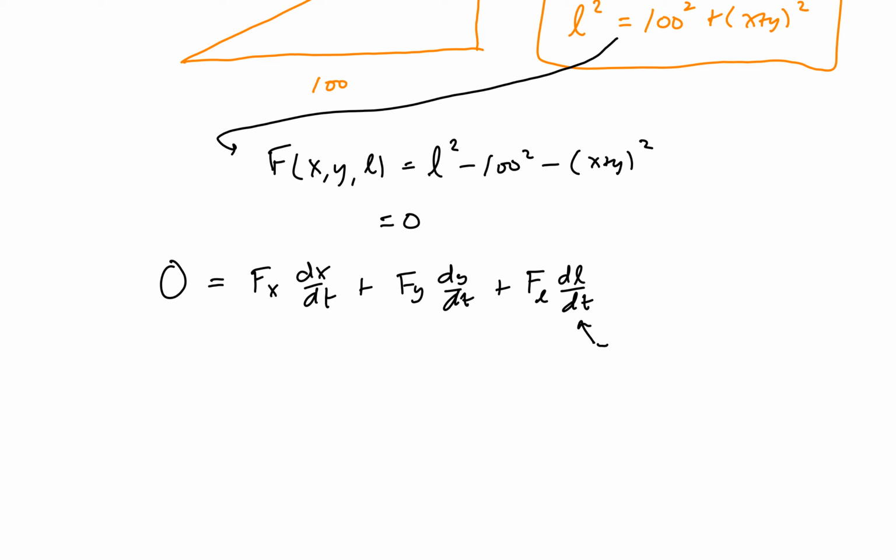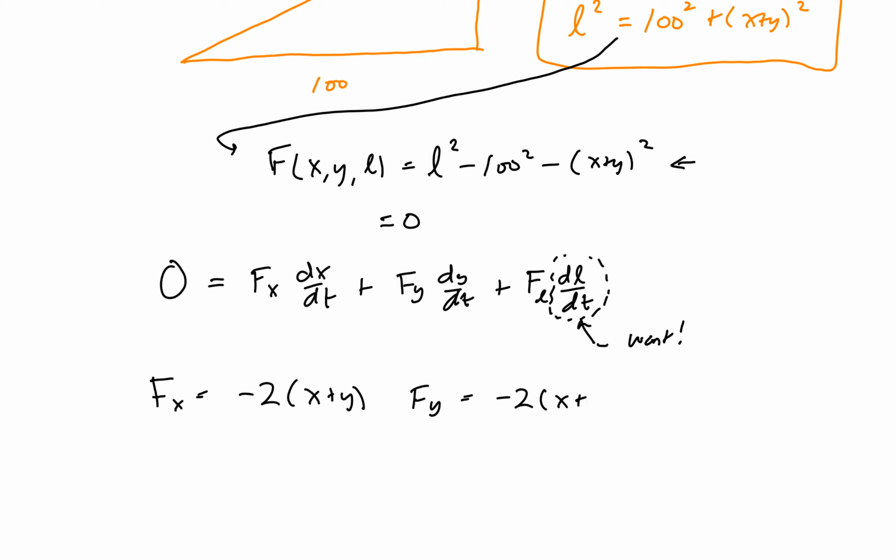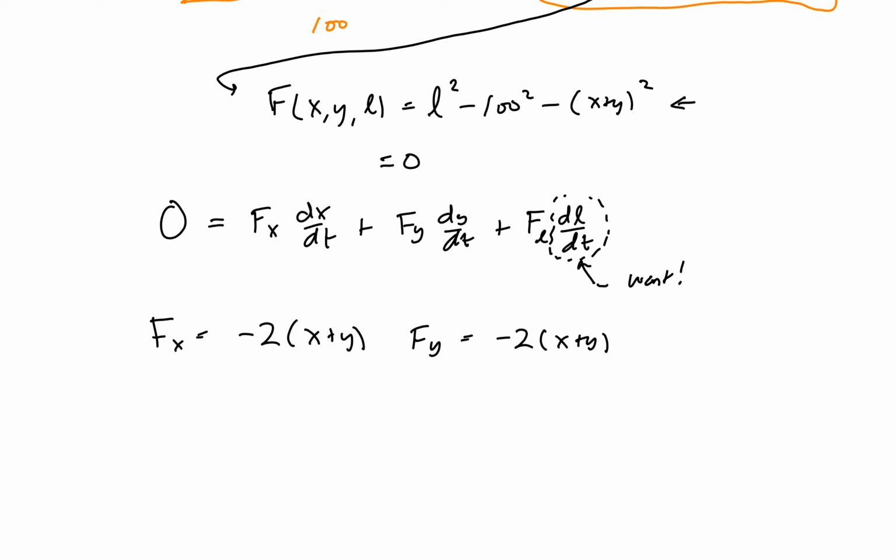And notice right here, this is what we want. Now we're just going to fill these things in. If I take the derivative with respect to x, I get negative 2(x plus y). With respect to y, I get negative 2(x plus y). And with respect to L, I get 2L.